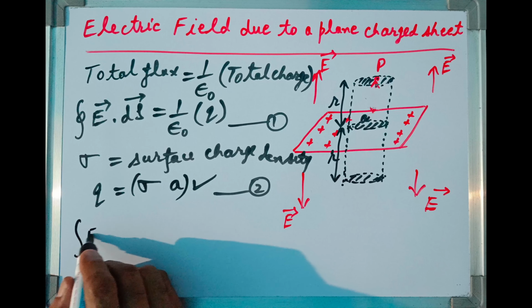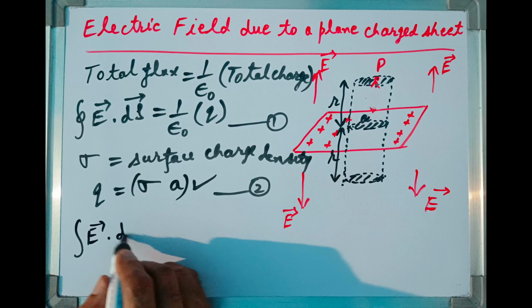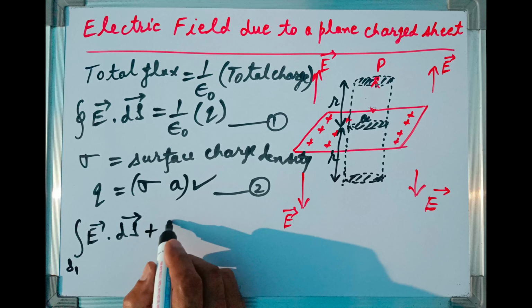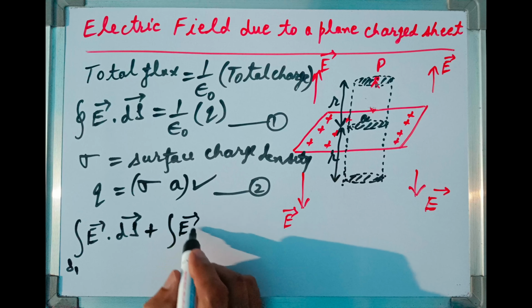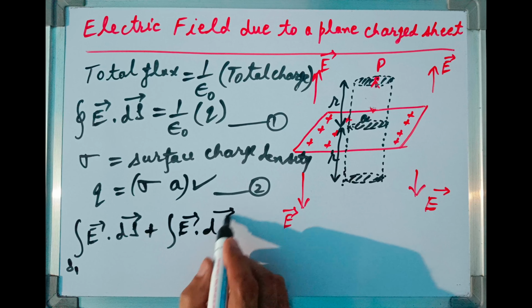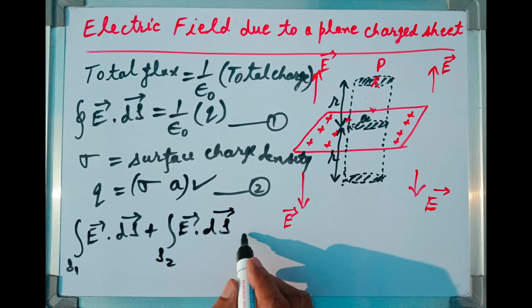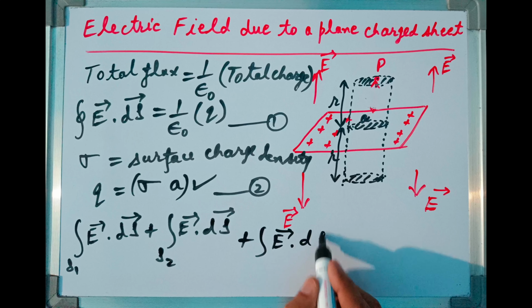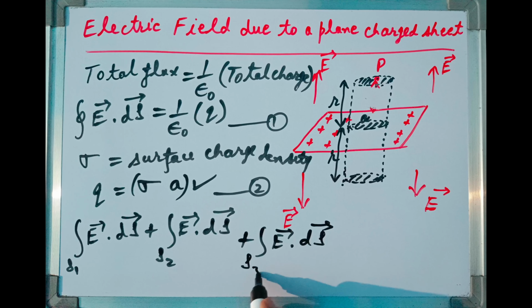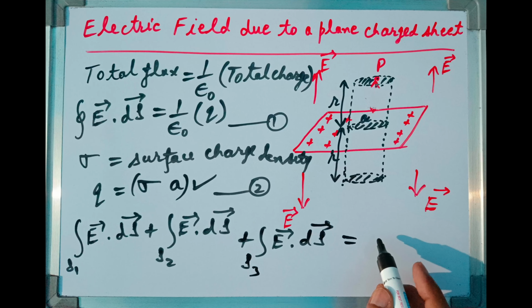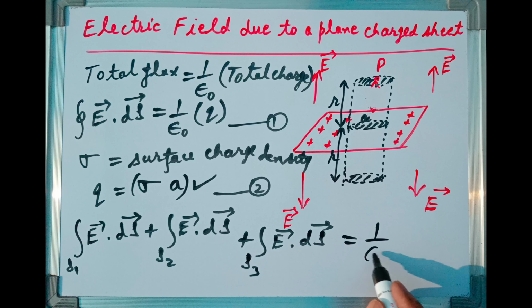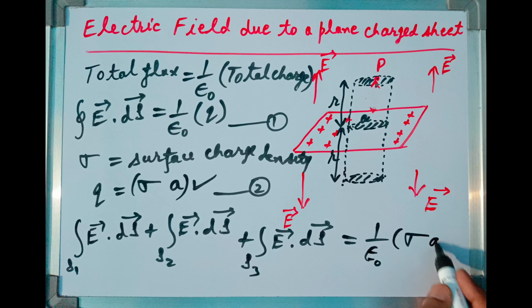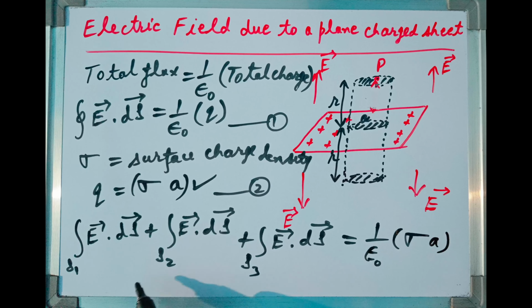So we can write E vector dot ds vector over surface S1 plus E vector dot ds vector over surface S2 plus E vector dot ds vector over surface S3 is equal to 1 upon epsilon naught multiplied with sigma into A. Using equation number 1, I have written this.